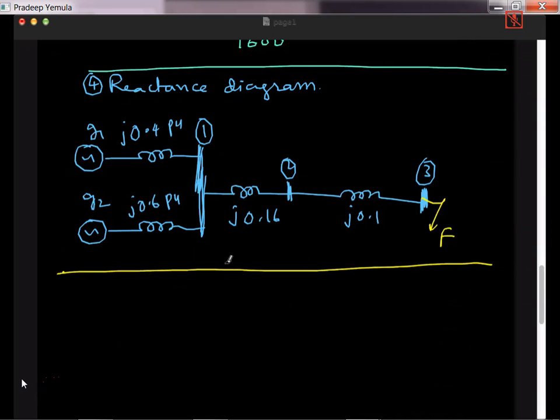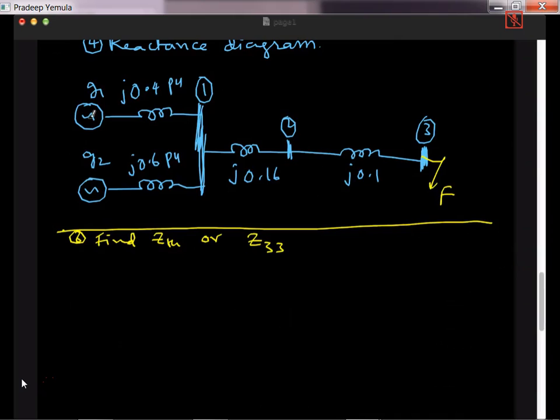So you short circuit the generators and then find the Thevenin's impedance. J 0.4 is parallel with J 0.6, and that is in series with J 0.16, in series with J 0.1. This is my total impedance.